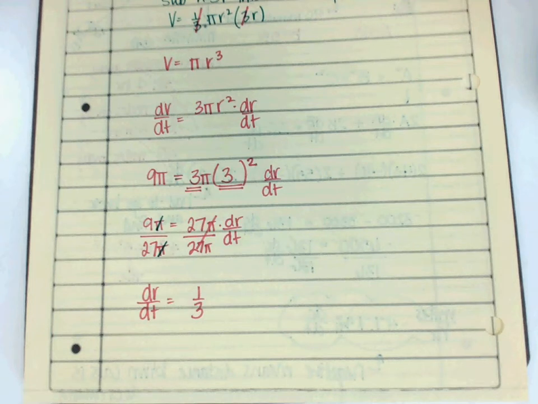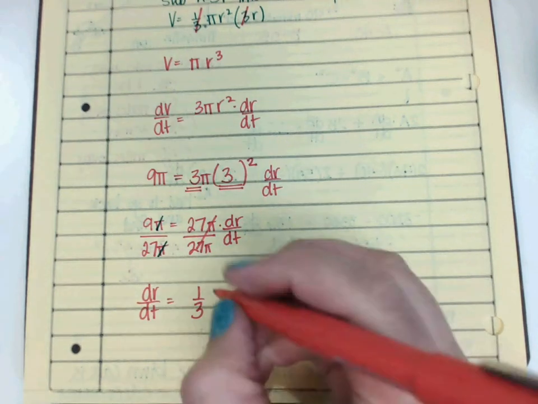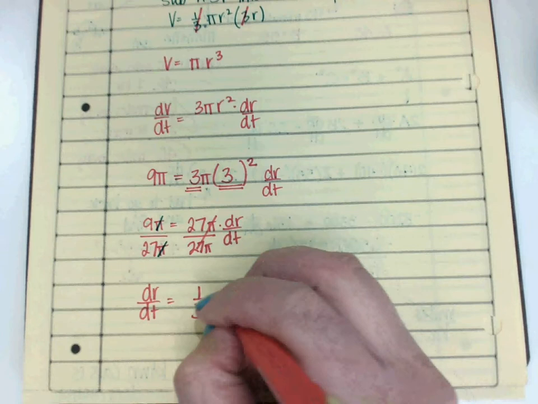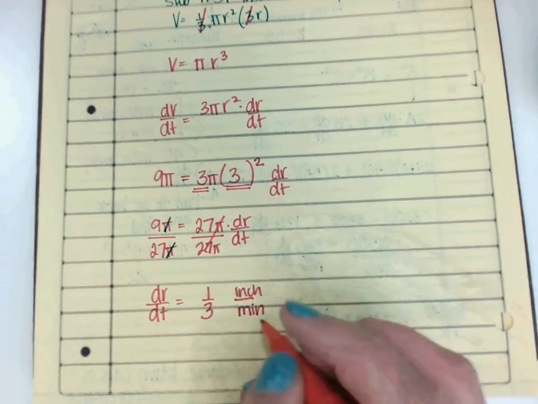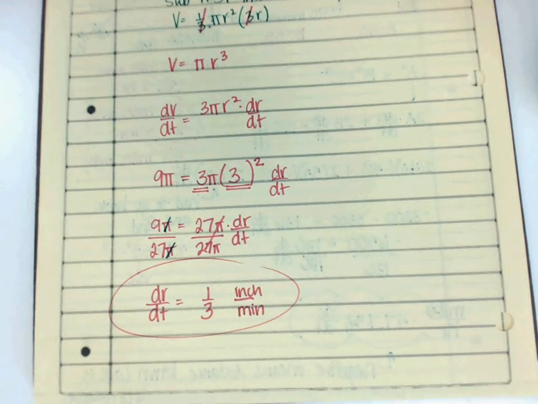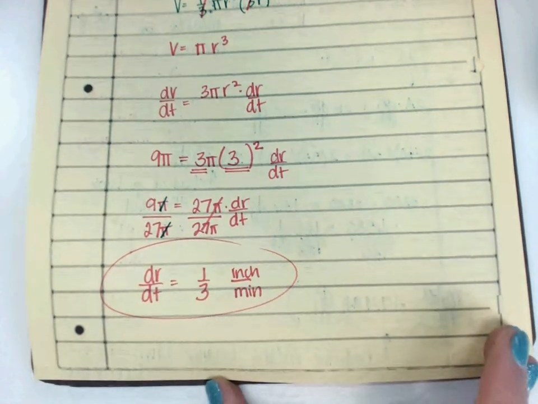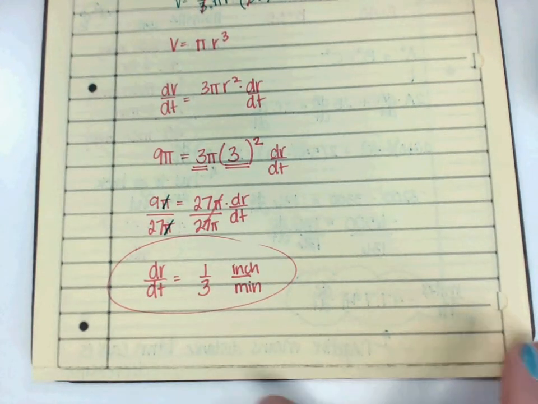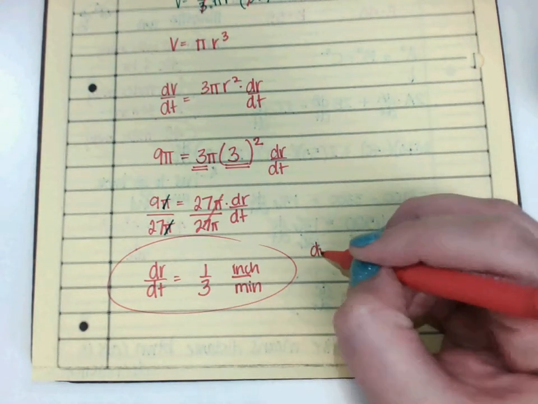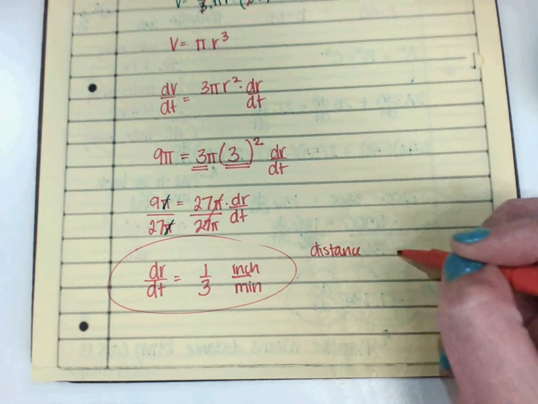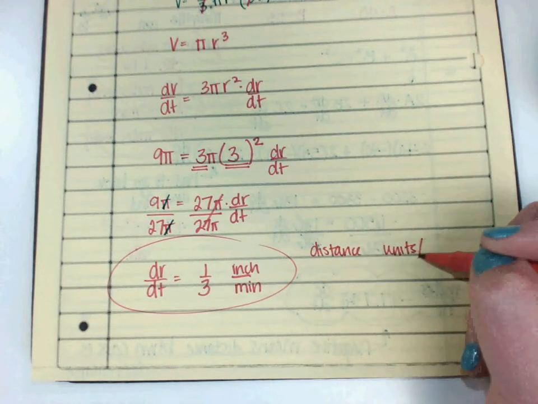Now let's talk about units. Radius is a distance. What will its units be? Inches, inches squared, or inches cubed? Inches per minute. Good? Okay. How do we differentiate between using one and using another? So if it's a distance, you're going to have units per time.